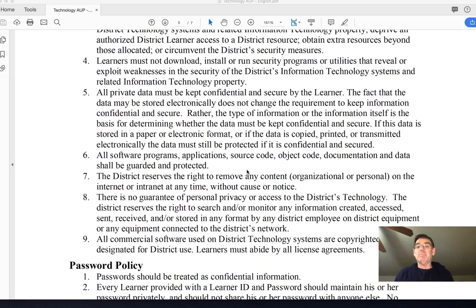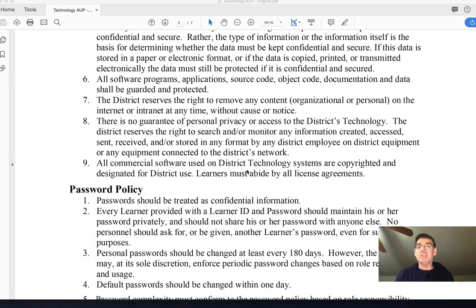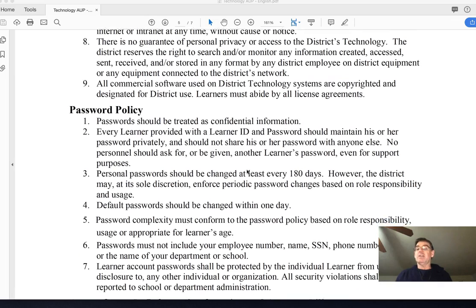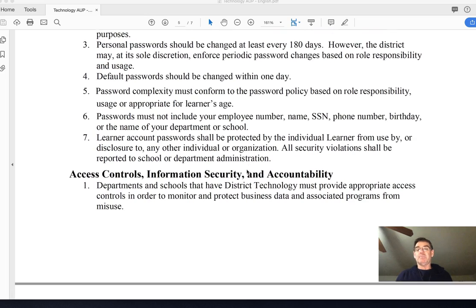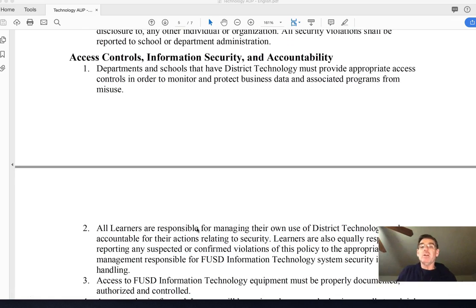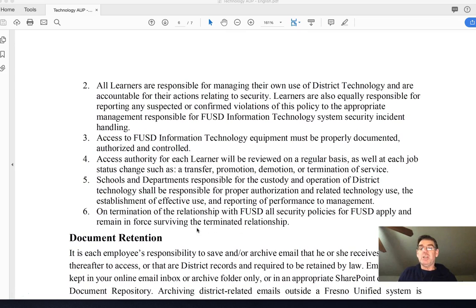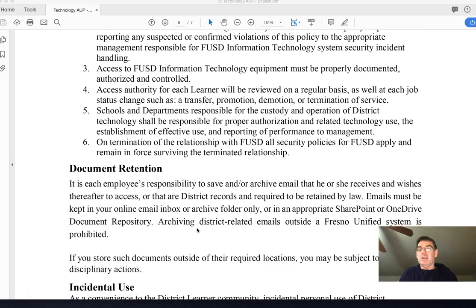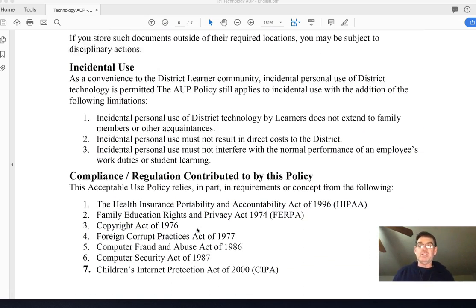So this whole document are all the stipulations, the details about the acceptable use policy that Fresno Unified has that they want you to sign and agree to. The basics I've gone over. So conduct yourself with digital citizenship. Conduct yourself honestly with integrity, and then you and the students around you will be safe.